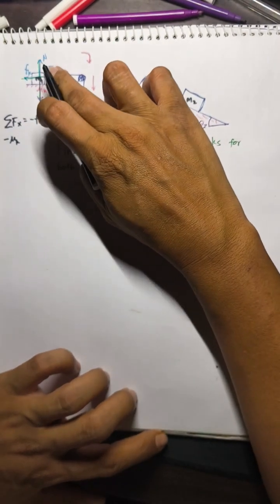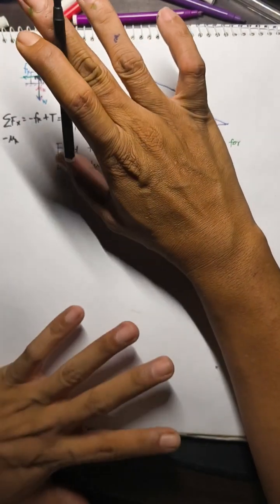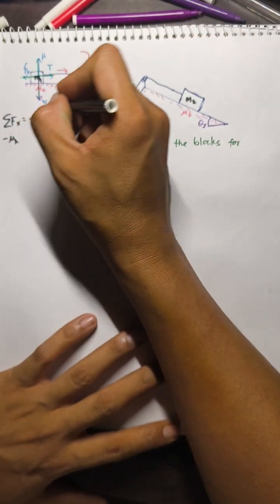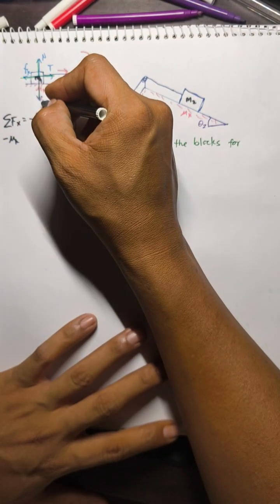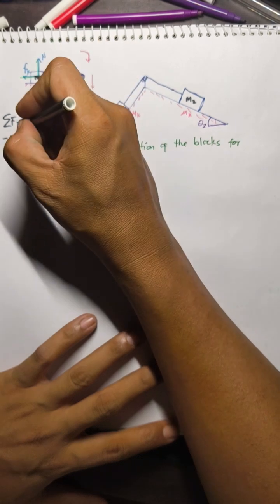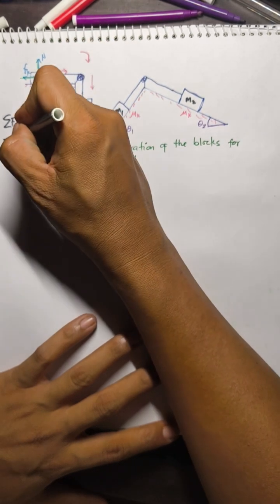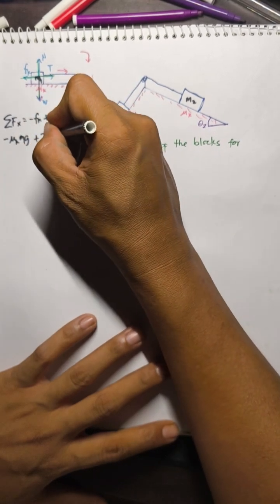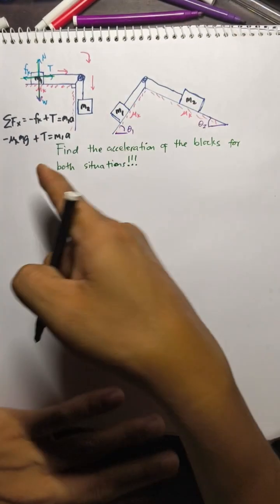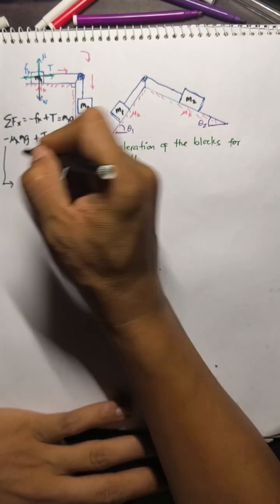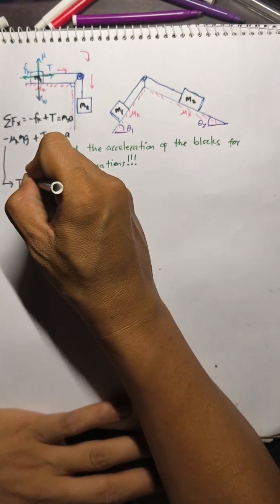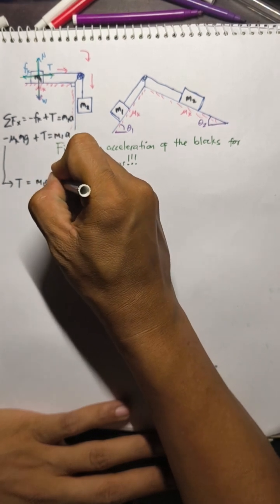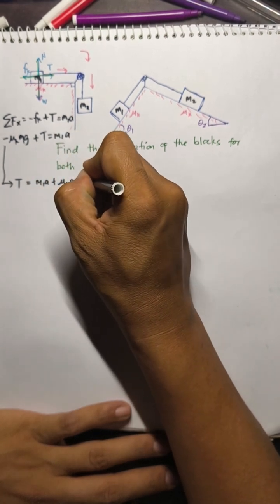Now in this case, the normal force is equal to the weight, because there's no other force on the surface perpendicular to the surface, only the weight. So N is just equal to the weight. The weight is mg, so this is minus mu k m1g plus T equals m1a. From here we can get this expression for T: T equals m1a plus mu k m1g.